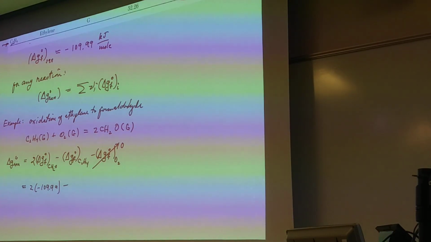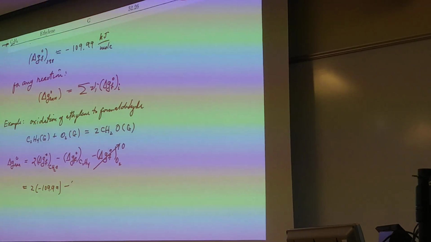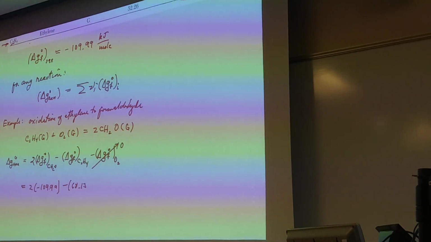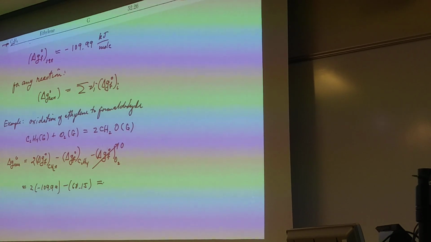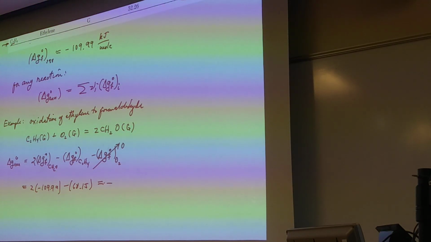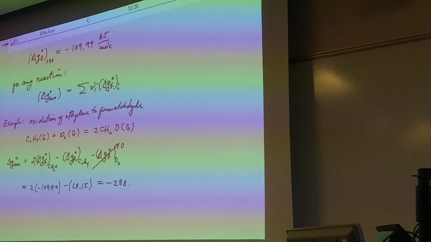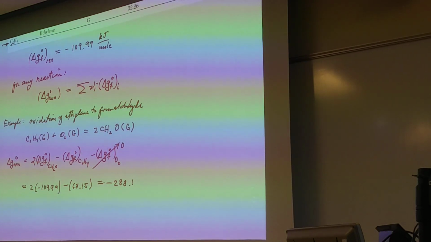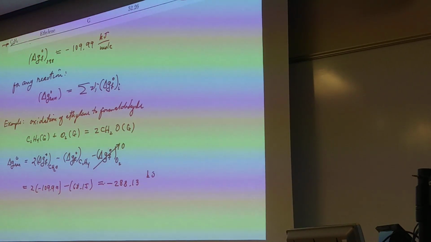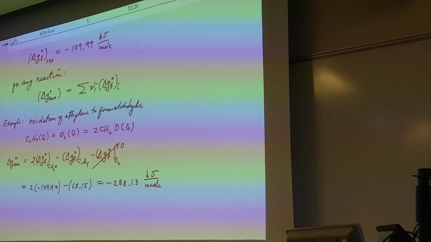So that's minus 68.15. So the standard heat of formation works out to be minus 288.13 kilojoules per mole.